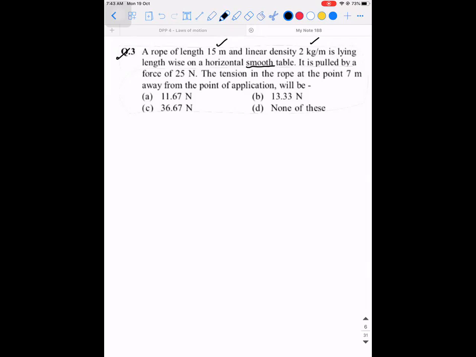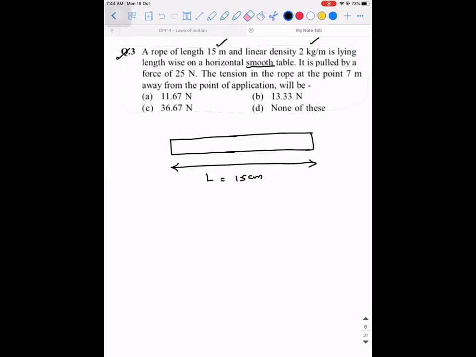Okay. So observe. All these problems, what you can do is treat them like blocks. So there is a rope of length, let's call it 15 meter, and it is lying on a smooth horizontal surface.